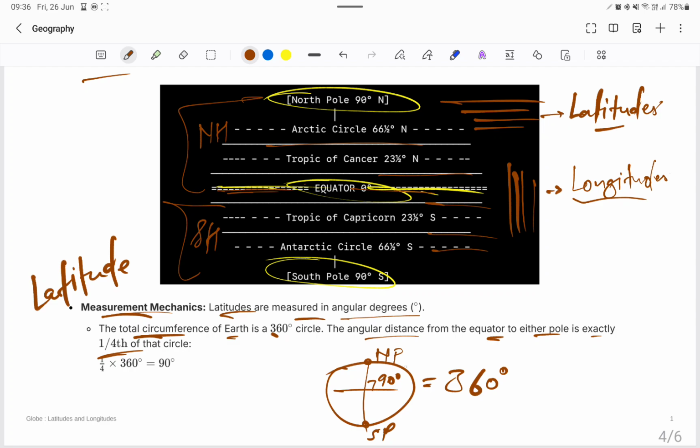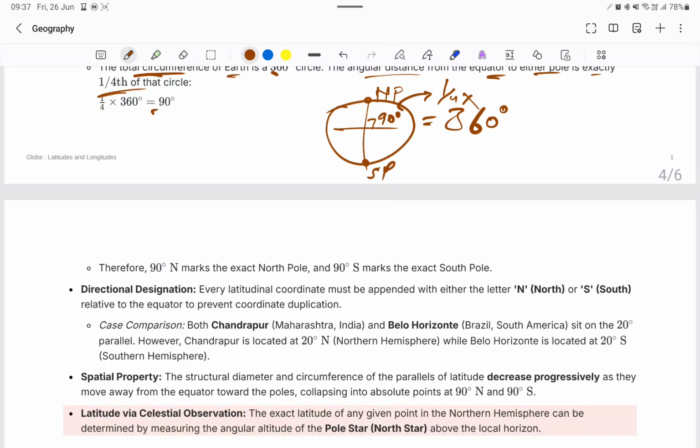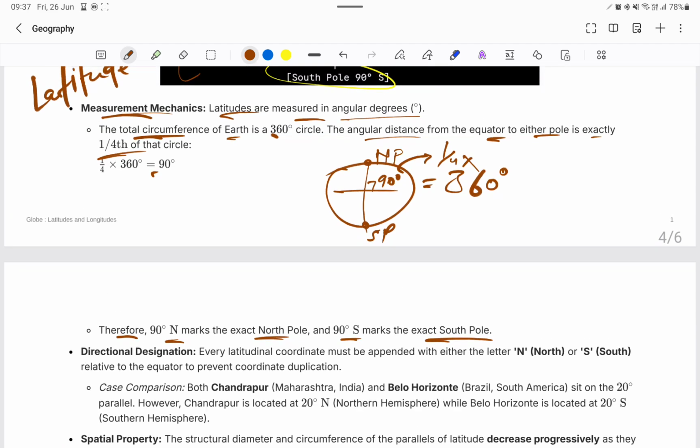That's 1/4, so 90 degrees is 1/4 of 360 degrees. You got it? Next. Therefore 90 degrees north marks the exact north pole and 90 degrees south marks the exact south pole. So this is 90 degrees north and this is 90 degrees south.